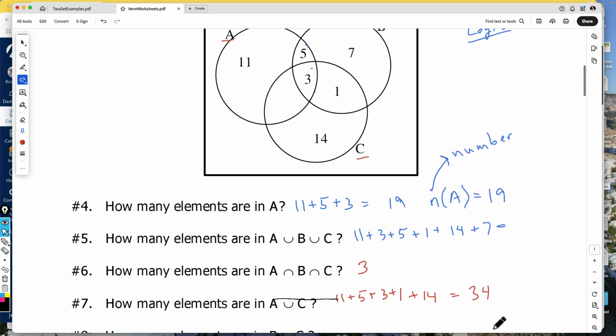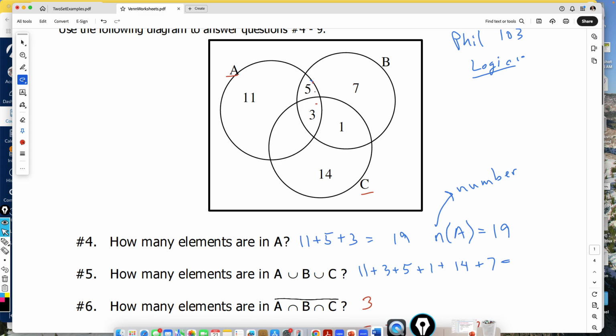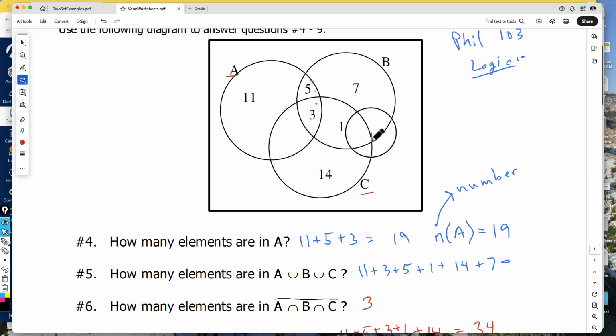B intersect C is this region, sort of like a football-shaped thing. We have to count both of these, right? 3 plus 1. The number in B intersect C is 3 plus 1, 4.